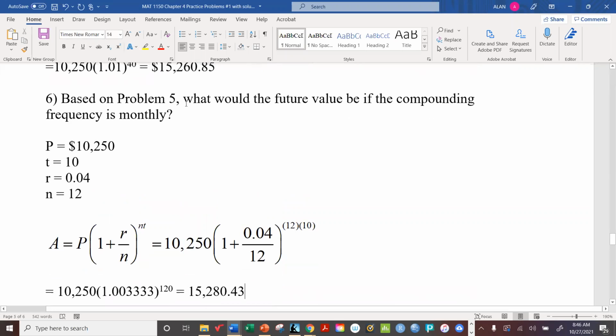So when you're done with something like this, keep in mind, the more frequently the interest is compounded, the higher will be your future value. So when you get your answer, you should always have an idea of whether or not it looks right. And so here you can see that it's only slightly higher than the previous value, which is a good sign.